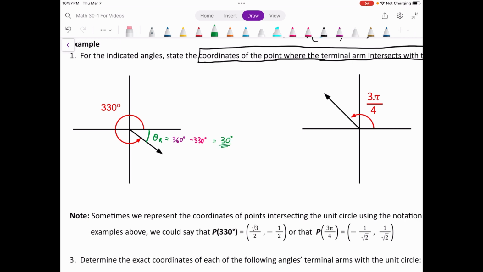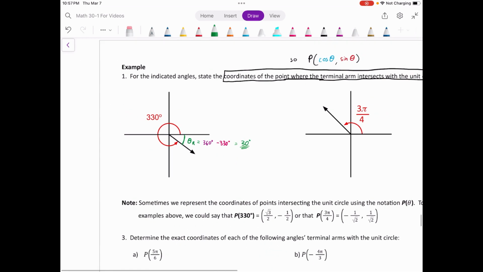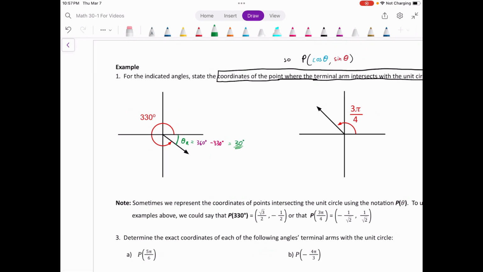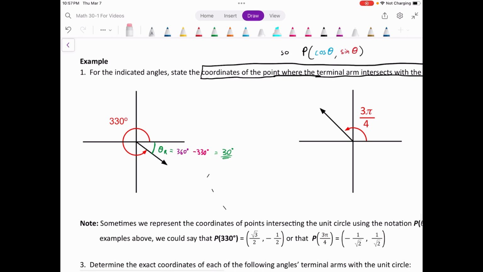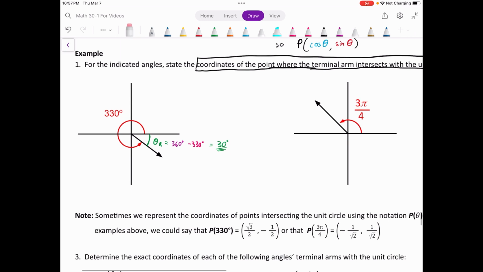Hey, you can have a little alarm set in your head. 30s, 60s, 90s, 45s. Those are special triangle angles, right? 30, 45, 60. That tells us we can use a special triangle. We can use the 30, 60, 90 special triangle. So do you see it here? Do you see how this is just our special triangle? There it is.